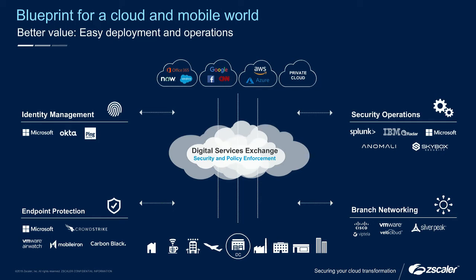And then finally, as we've discussed, branch networking. You want to move to a model where your branch goes essentially direct to the internet. Potentially things like SD-WAN.